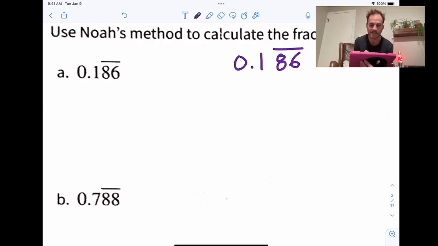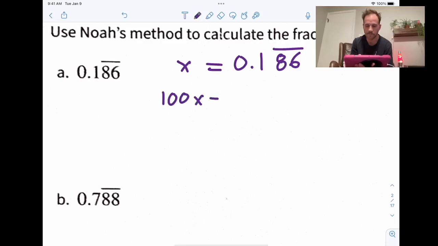We're still going to set this equal to x, but something else will happen, and I want to show you what we do when that happens. So we multiply both sides by 100. So we get 100x, we get this multiplied by 100. Actually, no, we want to multiply that by 1,000, I believe. You know what? No, I'm sticking with 100.